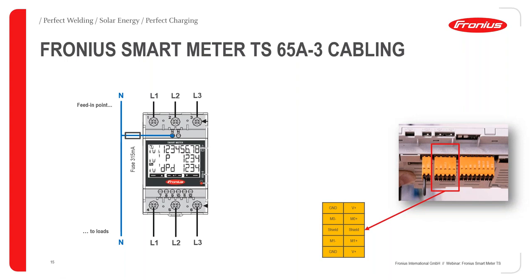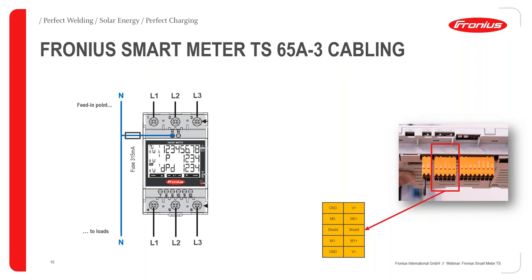That's actually not mandatory. Only if there is a local or country regulation that says you have to use one, then 315 milliamps would be the minimum fusing that is possible here. Otherwise, it's not mandatory by Fronius.